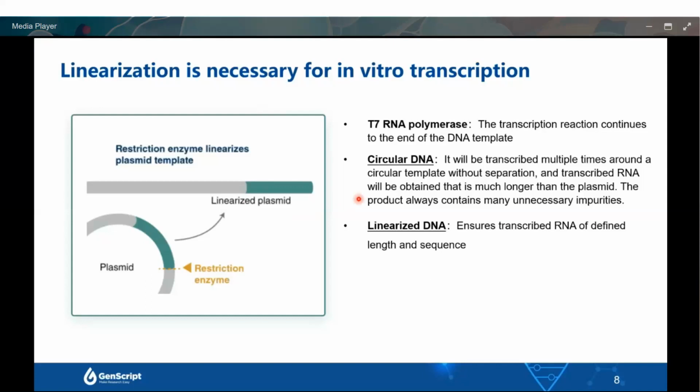Because if we still use circular DNA, it's like there's no end for transcription, so the length of the mRNA is different, which means we will get unnecessary impurities. But linearized DNA can ensure the transcribed RNA has defined length and sequence.